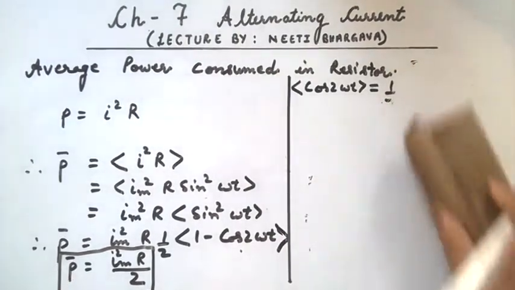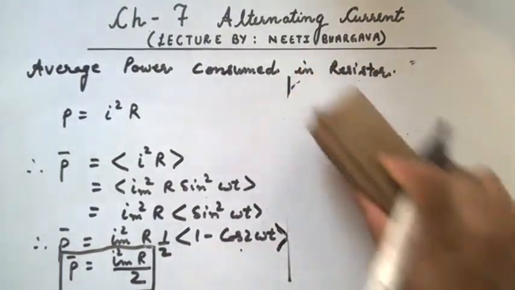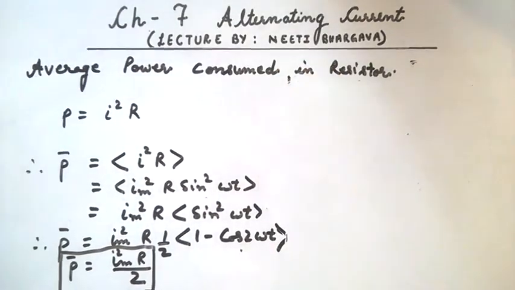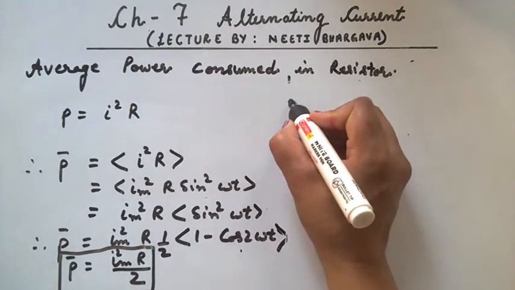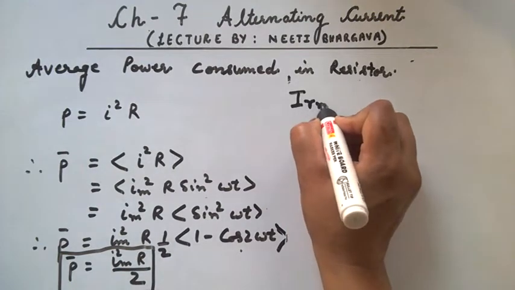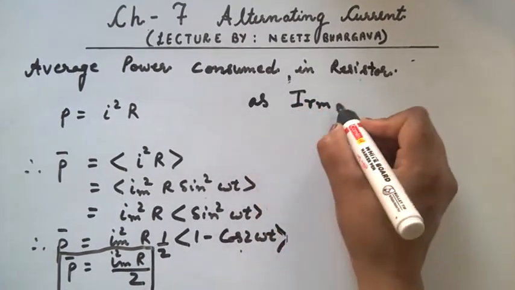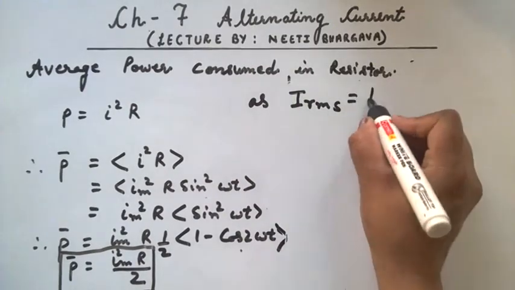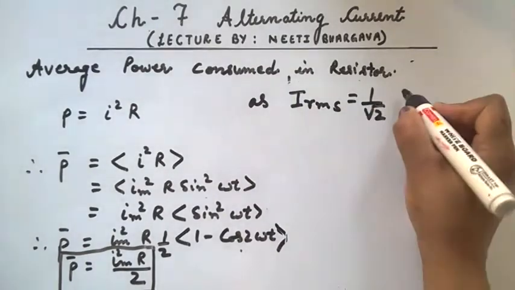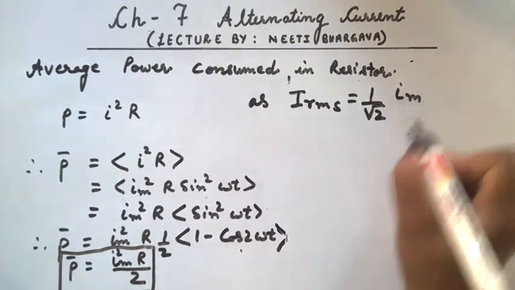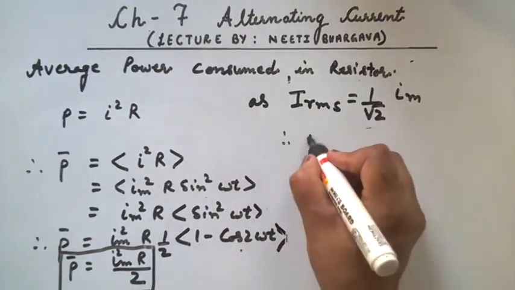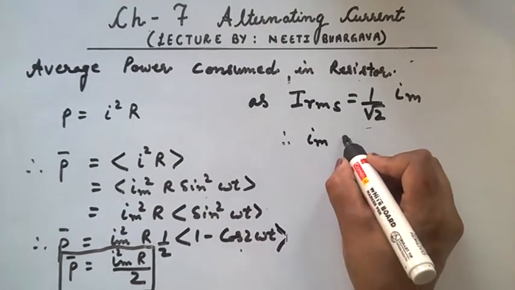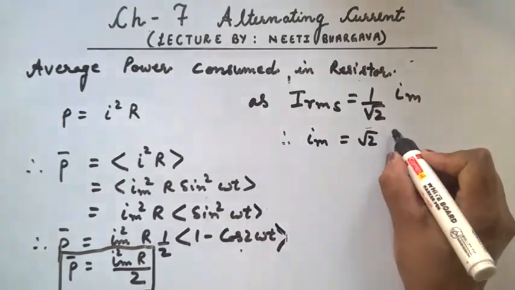Now, as we have studied that root mean square value of current IRMS is equal to 1 upon root 2 times the peak value of alternating current, or we can write that Im is equal to root 2 IRMS.